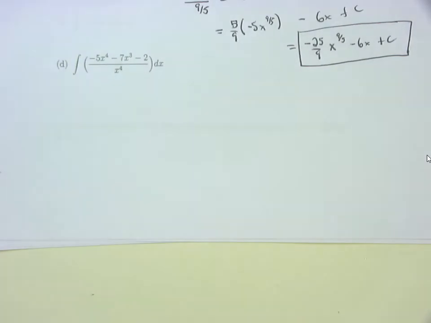I've got the integral of negative 5x to the 4th minus 7x cubed minus 2, all divided by x to the 4th dx. Now this is a quotient, but there's no quotient rule for integration. So what you're going to do is you're going to clean it up. You will notice in this problem, you're dividing by a single denominator, single term, x to the 4th.